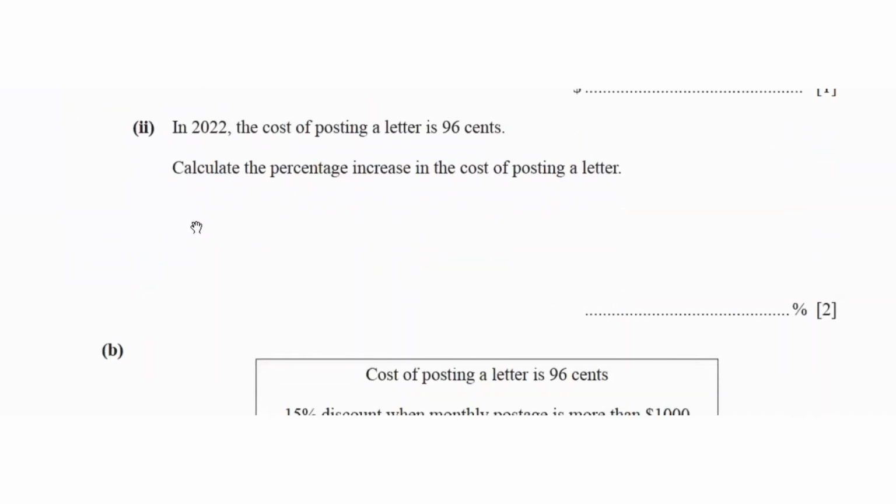Next, it says in 2022, the cost of posting a letter is 96 cents. Calculate the percentage increase in the cost of posting a letter. So previously it was 84 cents. So we do 96 minus 84 over 84 times 100. 96 minus 84 is 12.